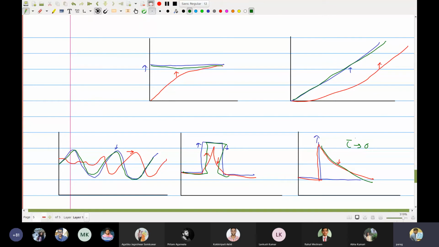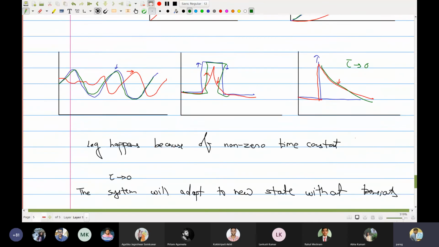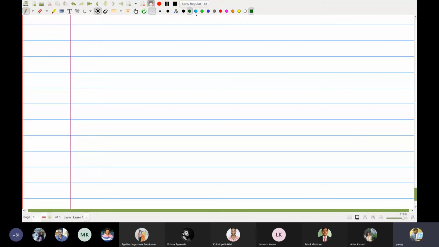Okay, fine. And why did that happen? Well, you can derive this very easily like this. I have tau dy by dt plus y equals k u of t, and G of s equals k upon tau s plus 1.